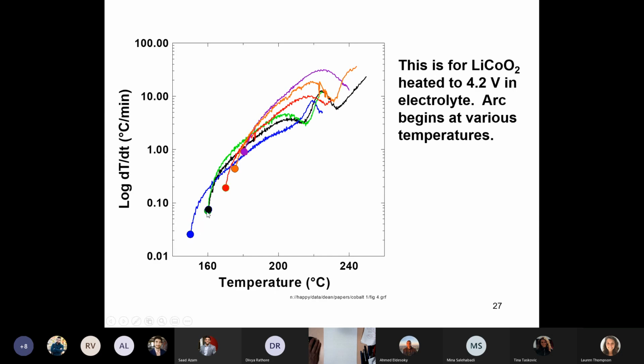If you draw the line through the starting points, you see that the self-heating rate is to the left and above the line through the starting points for them all. Okay, so this was a surprise. It doesn't follow just simple reaction kinetics.